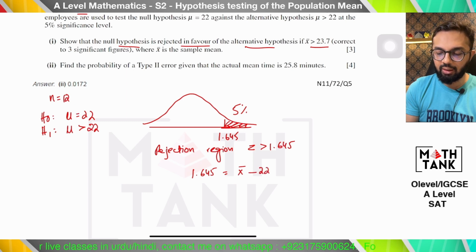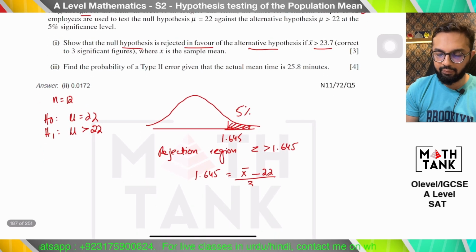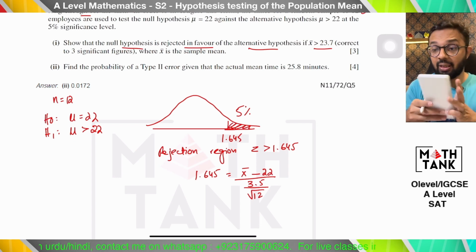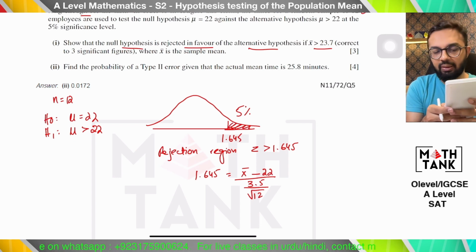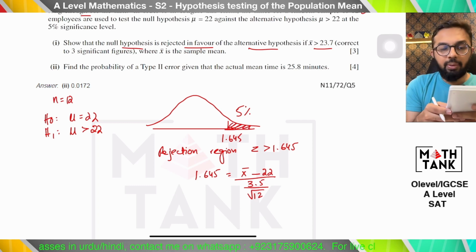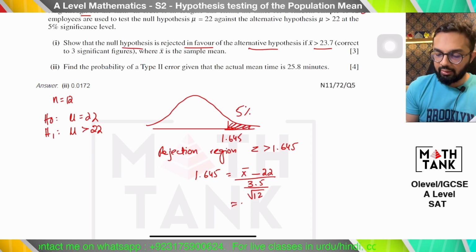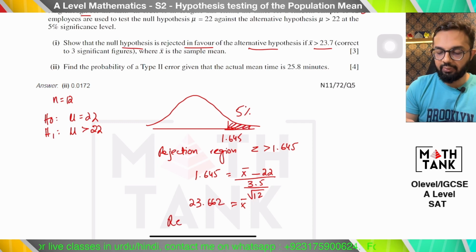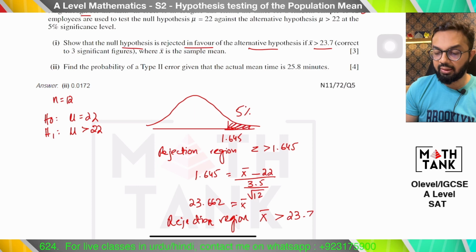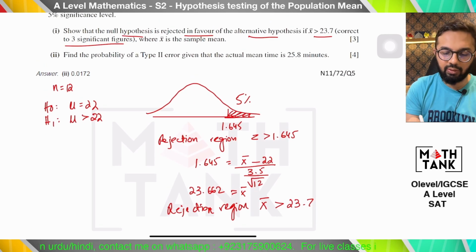I'm going to say x bar minus 22 divided by sigma 3.5 divided by root of 12. So I've converted a z value into an x bar value, and this becomes 1.645 times 3.5 divided by root of 12 plus 22. So I'm getting 23.662. So the rejection region is x bar greater than 23.7, correct to three significant figures.